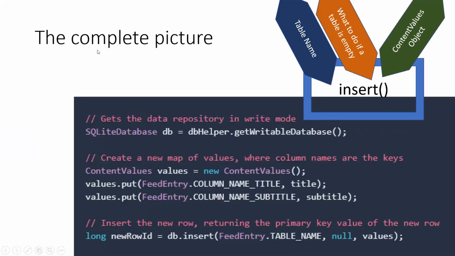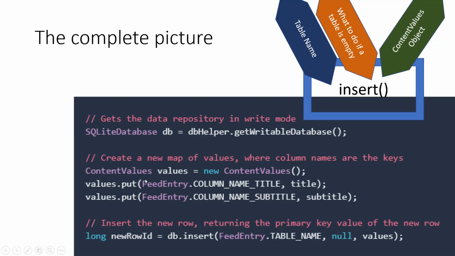This is the complete picture, where you can make sense of this values. It is ContentValues, a map of values, so you can say it is a kind of dictionary.